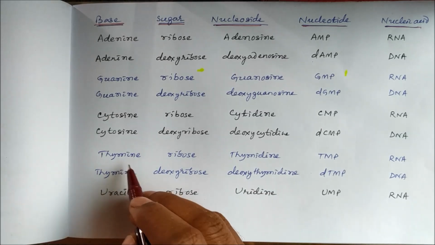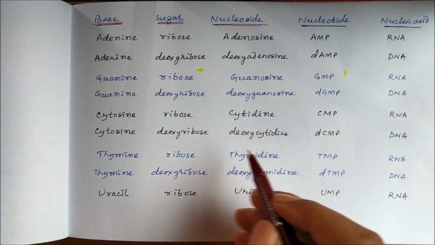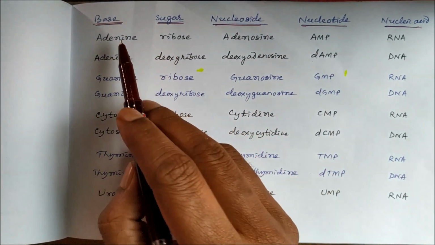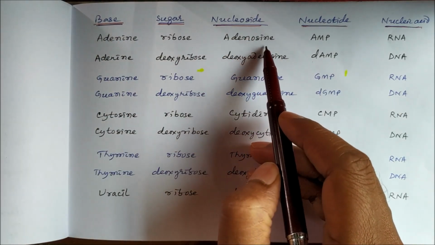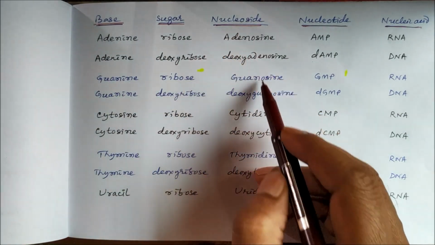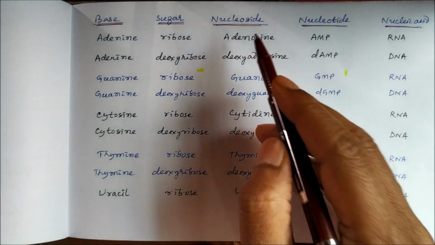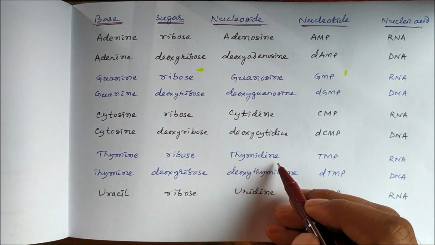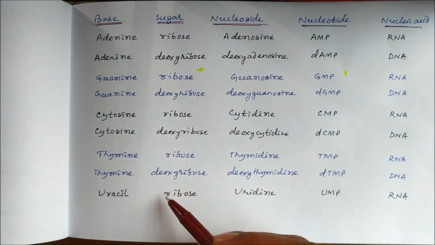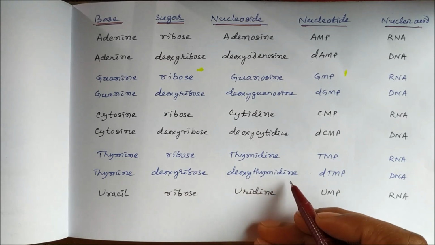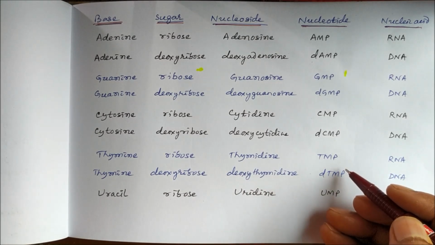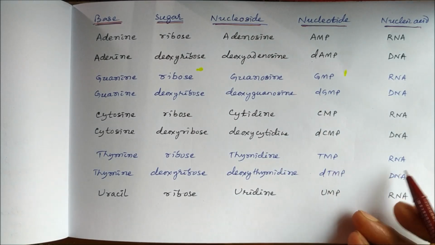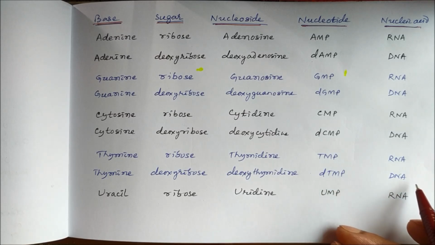Similarly, thymine becomes thymidine. So the base is thymine, the nucleoside is thymidine. The nomenclature is like this: adenine, nucleoside is adenosine; guanine, guanosine; cytosine, cytidine; thymine, thymidine. If the sugar is deoxyribose, it is deoxythymidine, and with a phosphate it becomes the nucleotide deoxythymidine monophosphate, which is a part of DNA.